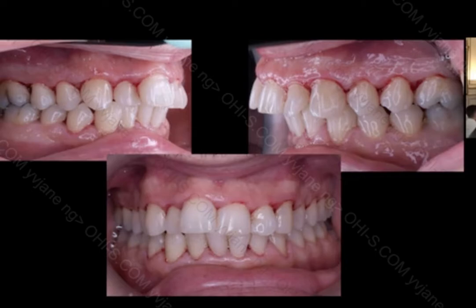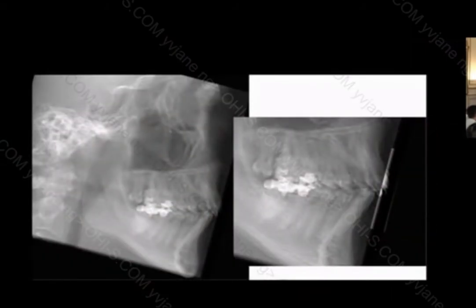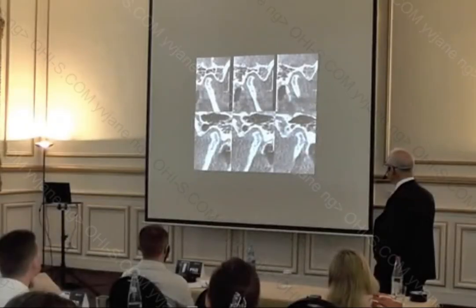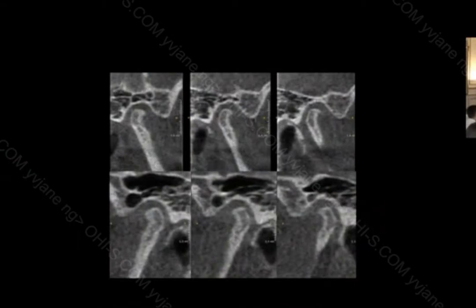We have a full class 2 on this side and a full class 1 on this side. Here we have the CBCT, and we see both condyles rather back in the fossa, especially the left one, but I would say both of them.